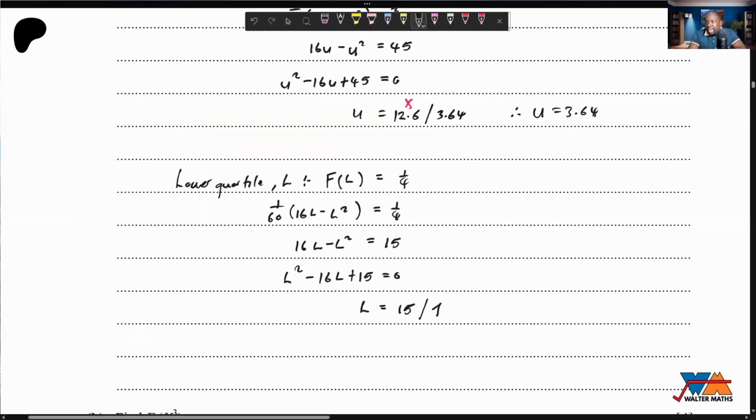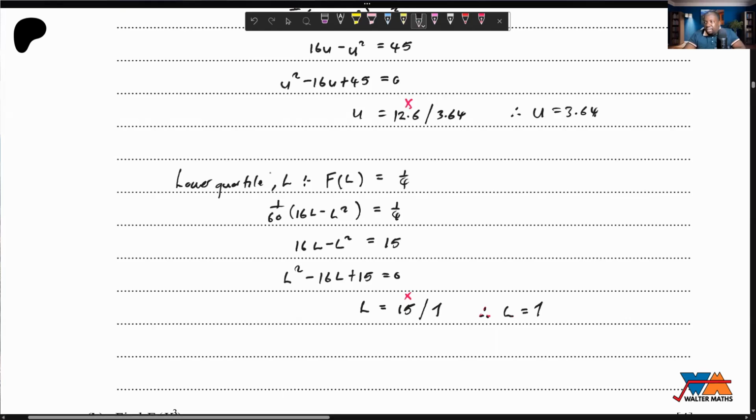We're going to reject 15, because it is obviously too big for the range of values we have, so we get L to be 1. Therefore, L is equal to 1.